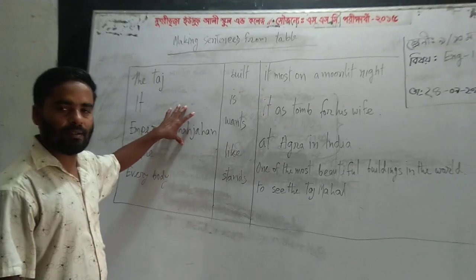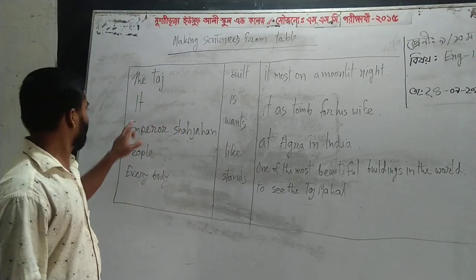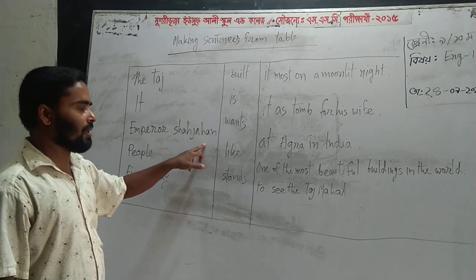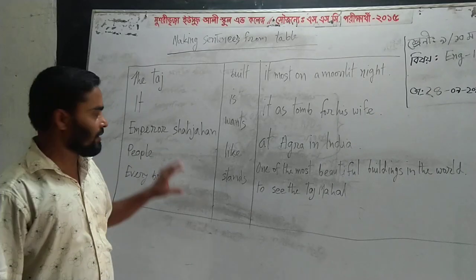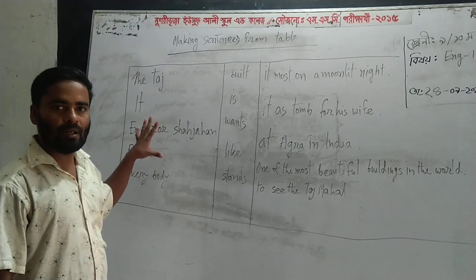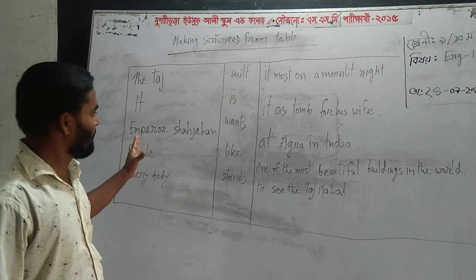Part 1 is subject. Have a look. The Taj. It. Emperor Shah Jahan. People. Everybody. So it is obviously the subject part.